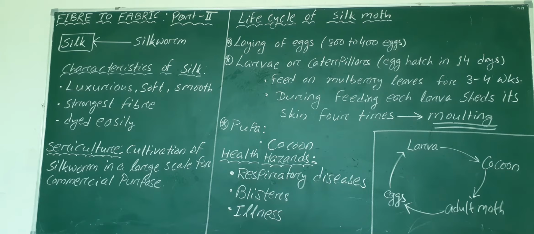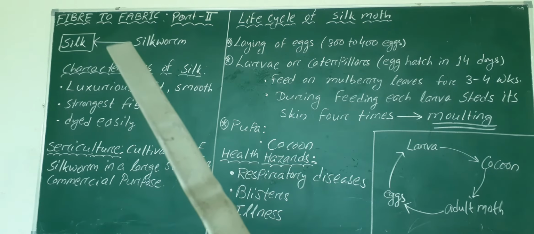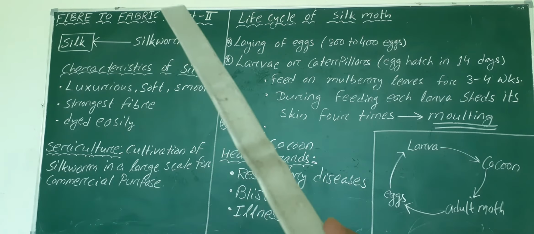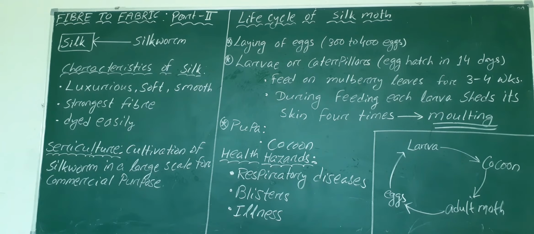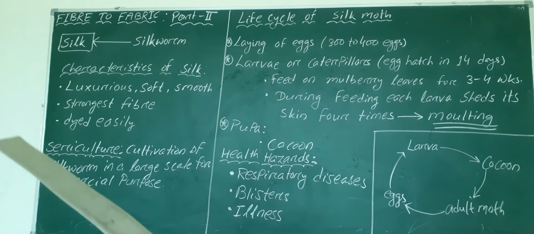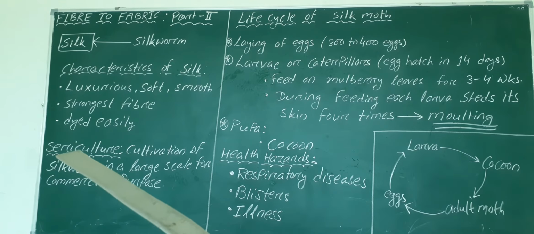Let us discuss the life cycle of the silk moth. From where are we getting silk? We are getting silk from silkworm, and let us discuss its life cycle. Before going to its life cycle, we need to discuss one important topic, that is sericulture.